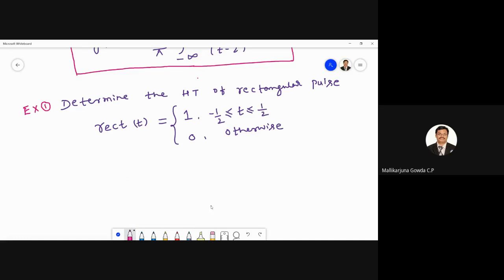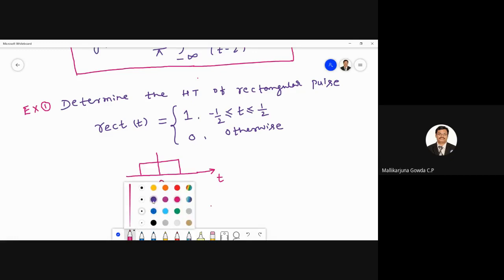So how do I represent this graphically? This is told in the equation format. So I can represent this in graphical form like this. This is a rectangular pulse. If I take this as time, this will be 1 by 2 and this will be minus 1 by 2, and its value will be 1 over this range.